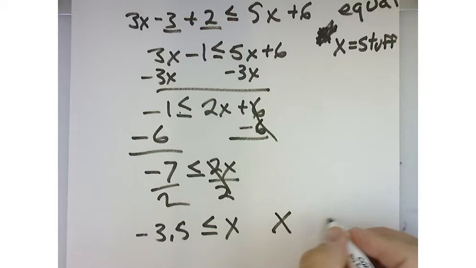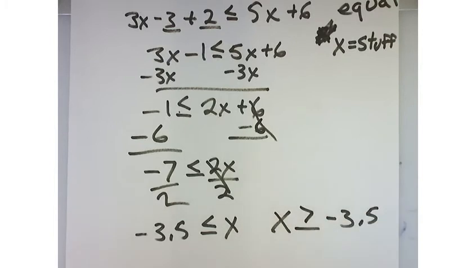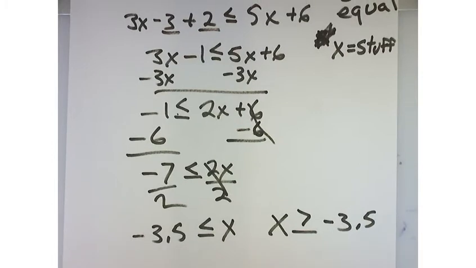What inequality symbol would I write in here? Greater than or equal to. Now, there's a fancy way to think about it, but really, which way is the inequality pointing to? The negative 3.5. Does that make sense?